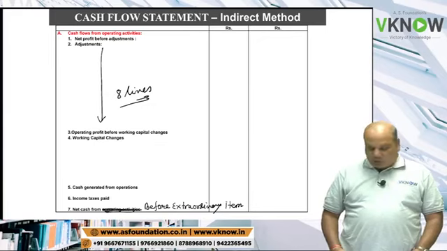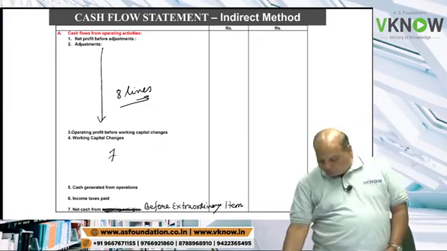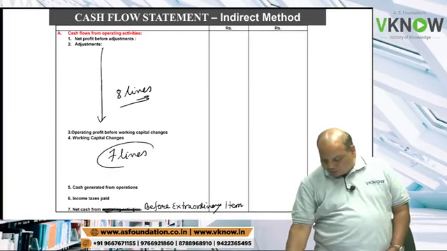Point number 4, working capital changes. Keep around 7 lines blank minimum.